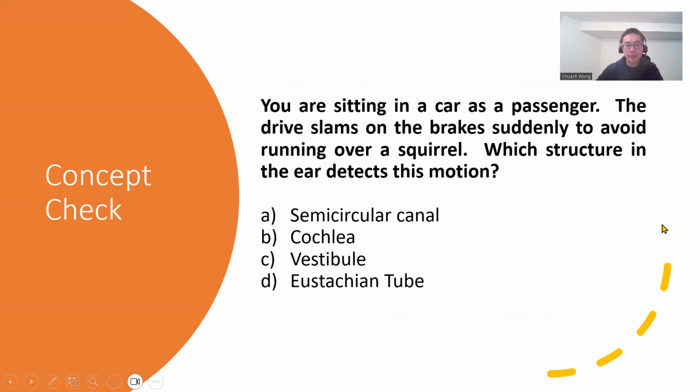How about this one? Oh, I forgot to relaunch the poll. How about this one?